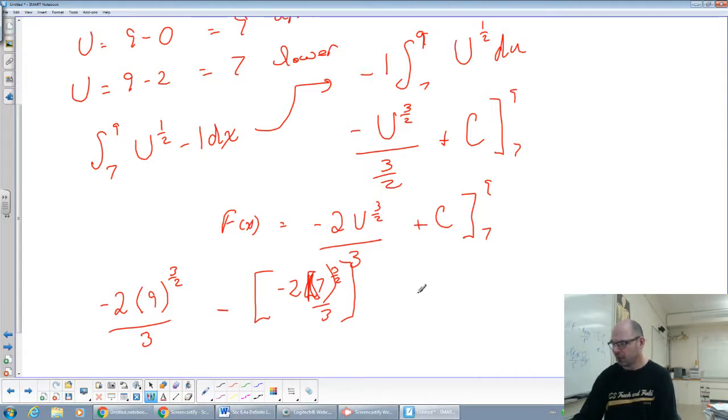If we do that, the first one becomes negative 18, and the second one becomes positive 12.3. If we use our calculator, this is going to equal negative 5.7 units squared.